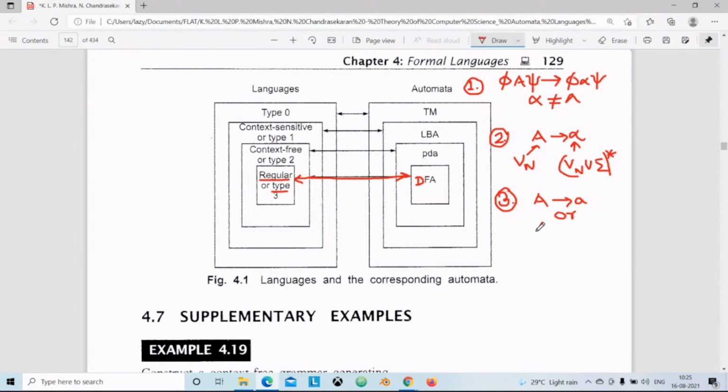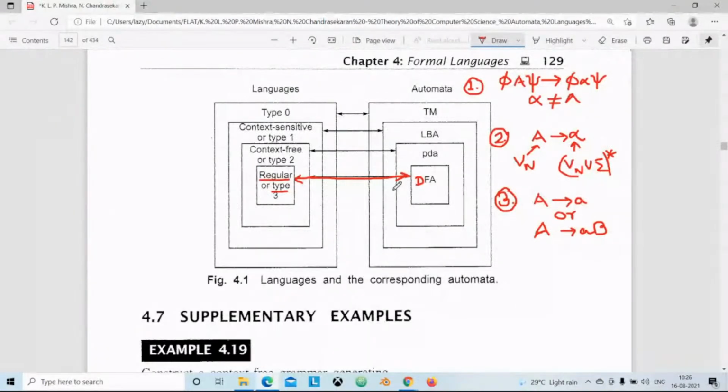So here S tends to empty is allowed in type 3. In that case, S should not appear on the right hand side. Likewise, in type 1 also, we can have S tends to empty, but S should not appear on the right hand side of any production.